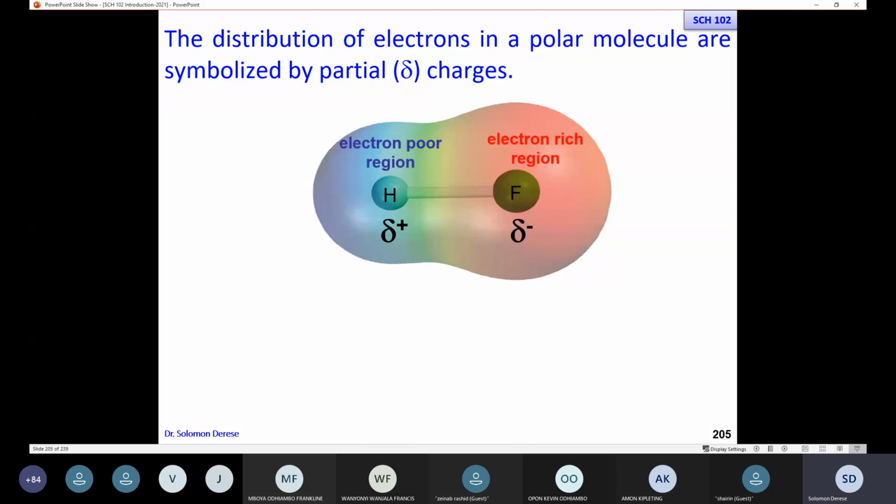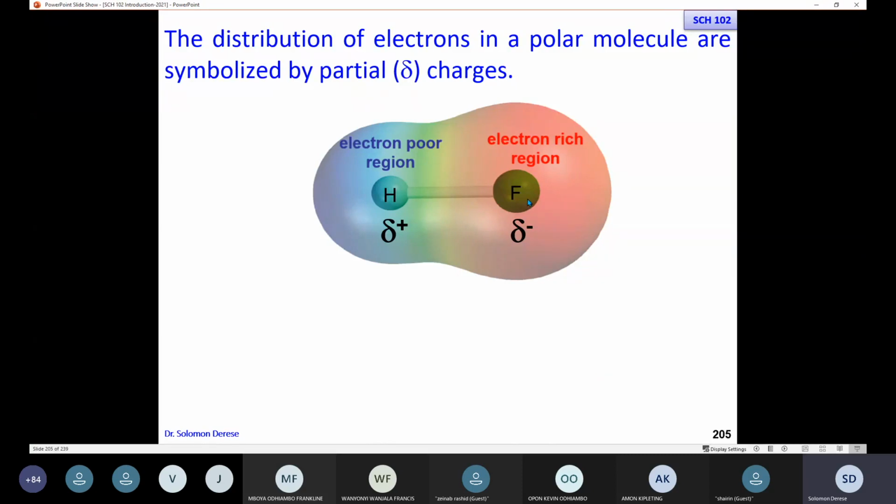When you react HCl, it will react with the hydrogen because the hydroxide ion is negatively charged. Opposite charges attract. That's why when you react HCl with sodium hydroxide, the minus OH of the sodium hydroxide will come and form a bond with the hydrogen, take away this hydrogen of the HF. It will not come to the fluorine.